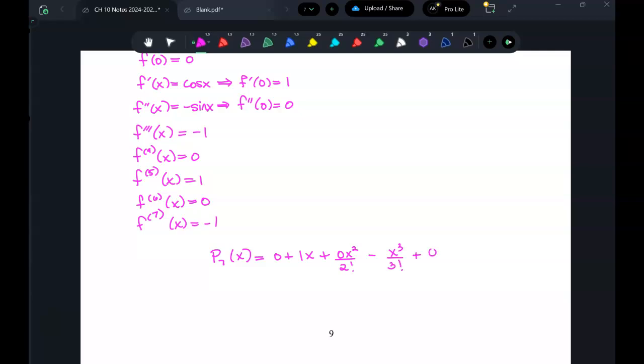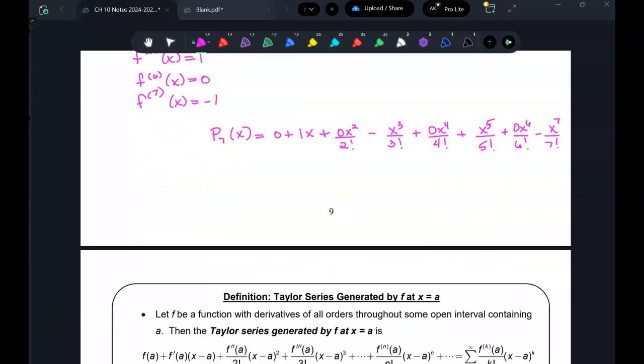And then plus 0x to the 4th over 4 factorial, you get the idea. Plus x to the 5th over 5 factorial, minus 0, minus x to the 7th over 7 factorial.